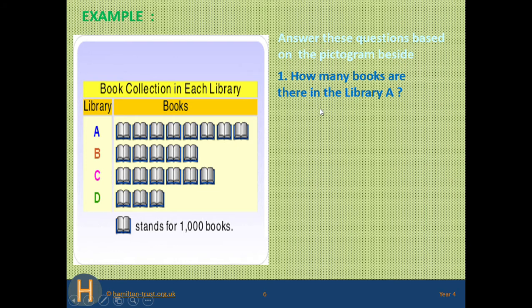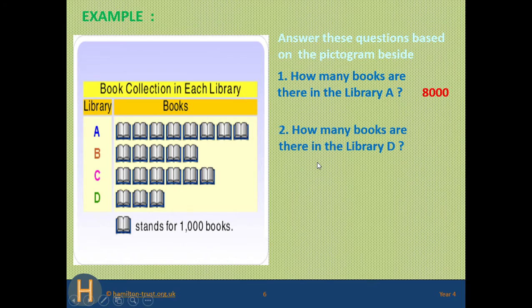How many books are there in library A? Ada berapa banyak buku di perpustakaan A? What's the number? Ada berapa anak-anak? Oke, 8,000 books.